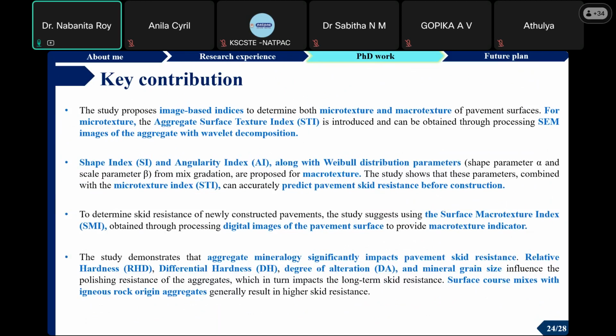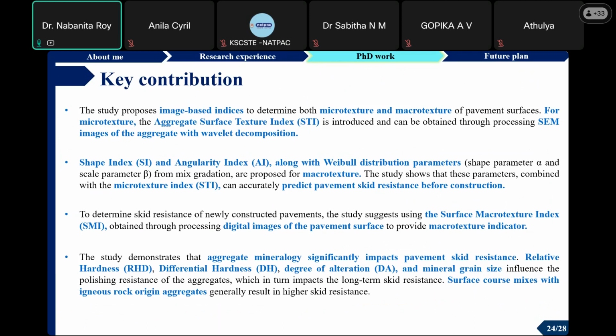Now for macrotexture, shape index, angularity index, and Weibull distribution parameters, that is shape parameter and scale parameter from mix gradation, are proposed for macrotexture before construction. After construction, STI value and pavement surface image parameters can be used.